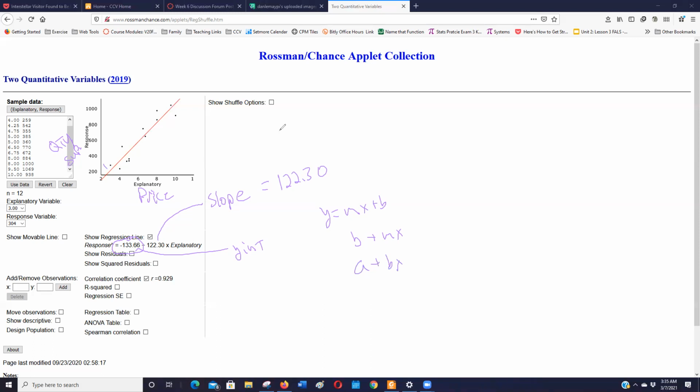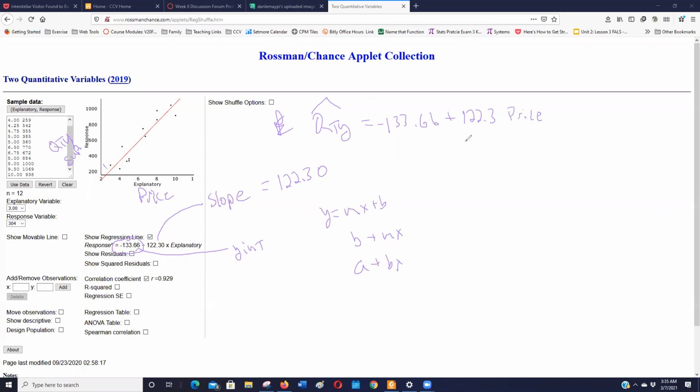If the response variable is the quantity supplied, we know that the quantity, and that's a predicted value, so I'll put a little hat over it, equals negative 133.66 plus the price times the, actually I'm backwards here. Let me write the slope. So the slope's 122.3 times the price.